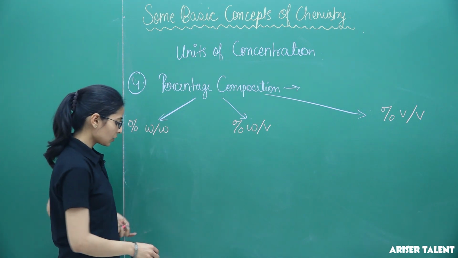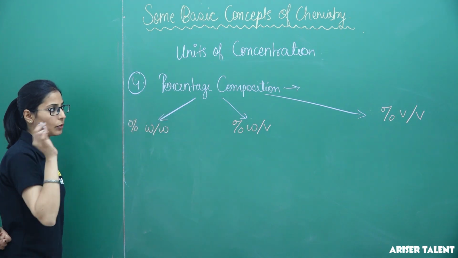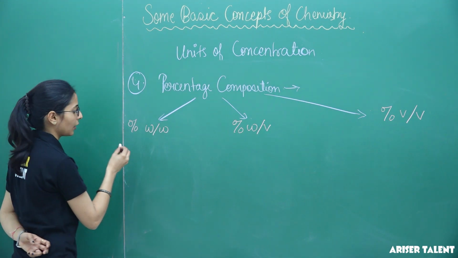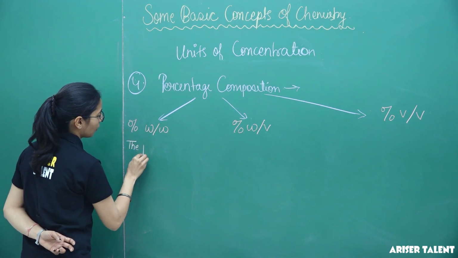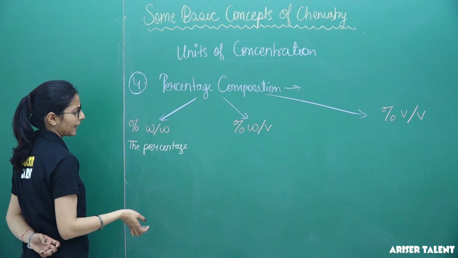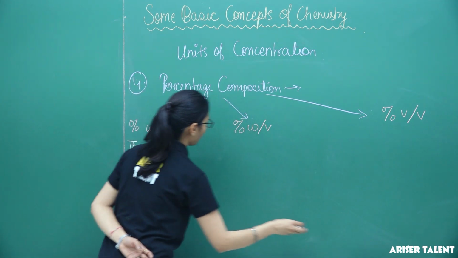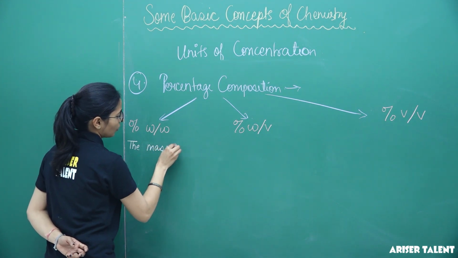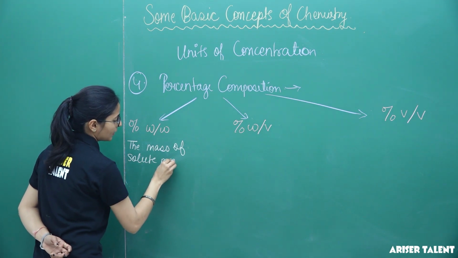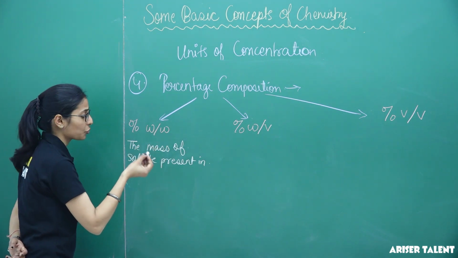Then we have weight over weight. Let us first write a statement for this. I am going to write the statements individually for all of them. The first, percentage weight by weight: here we have the percentage, or you may also write the mass, I think it would be much better, the mass of solute present in, since it is weight, 100 gram.